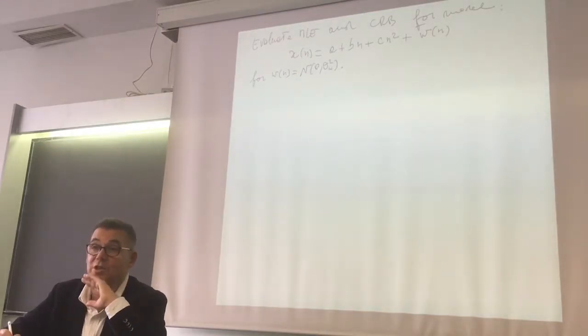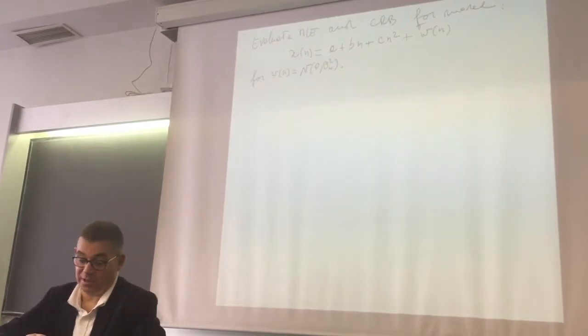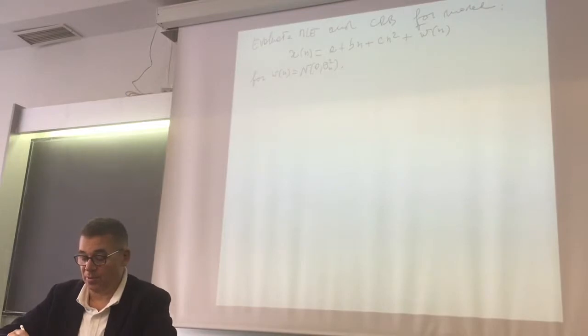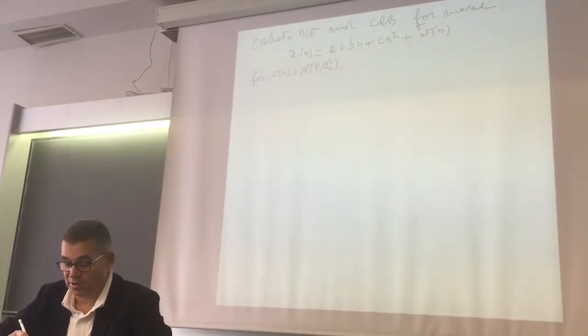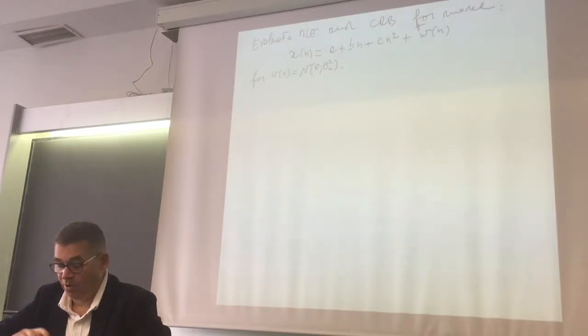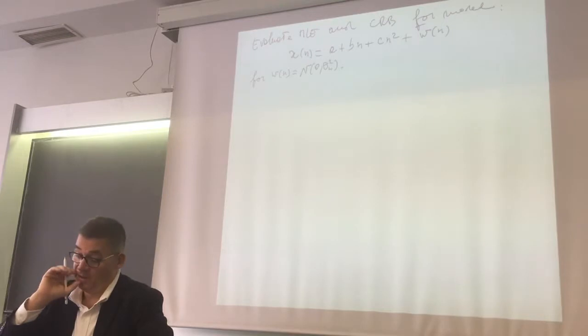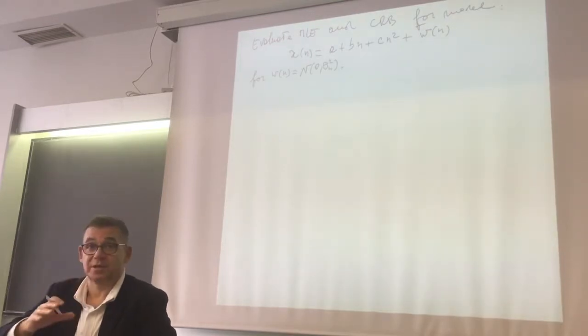This noise is describing the noise superimposed in our data, and it is Gaussian with a certain variance. All the noise samples are uncorrelated. Okay, now let's start with this.